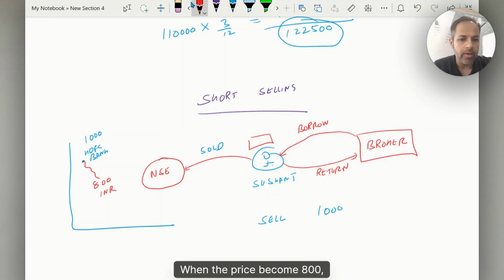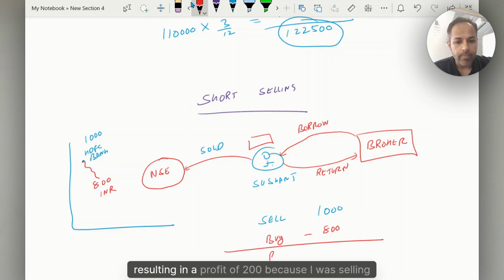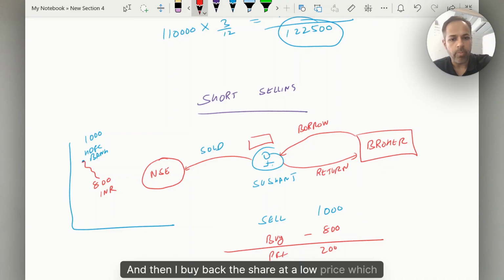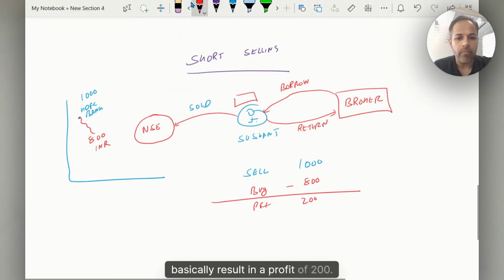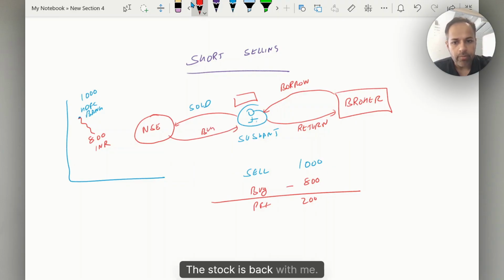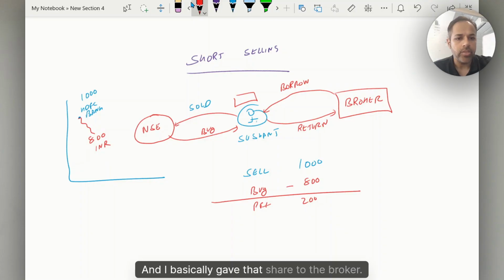When the price becomes 800, I buy the stock at 800, resulting in a profit of 200, because I sold the stock at a higher price and then bought back the share at a lower price. Then the stock is back with me, and I give that share back to the broker.